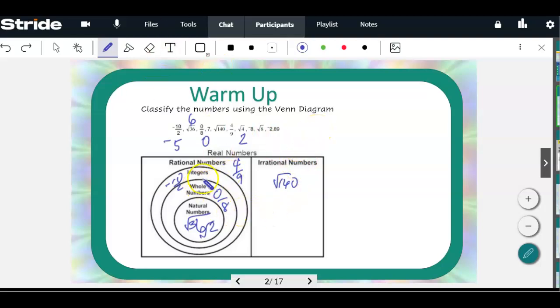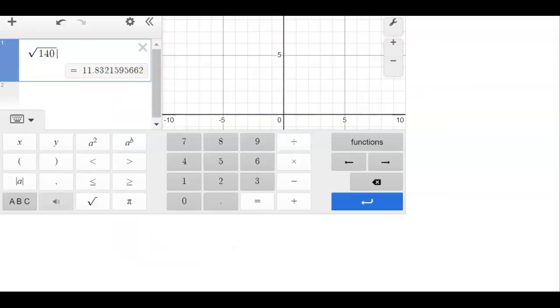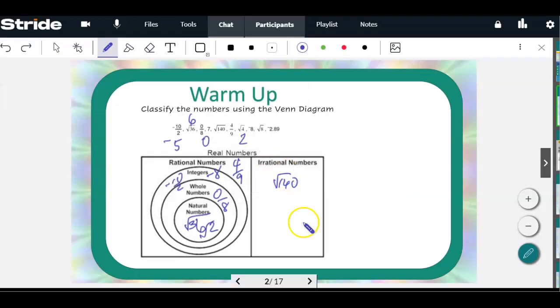It is an integer, so we're going to put that there. And then let's look on the calculator for the square root of 8. Okay, long decimal, does not terminate or repeat. So square root of 8 will go under here. And then -2.89. That's a terminated decimal, so it is a rational number.